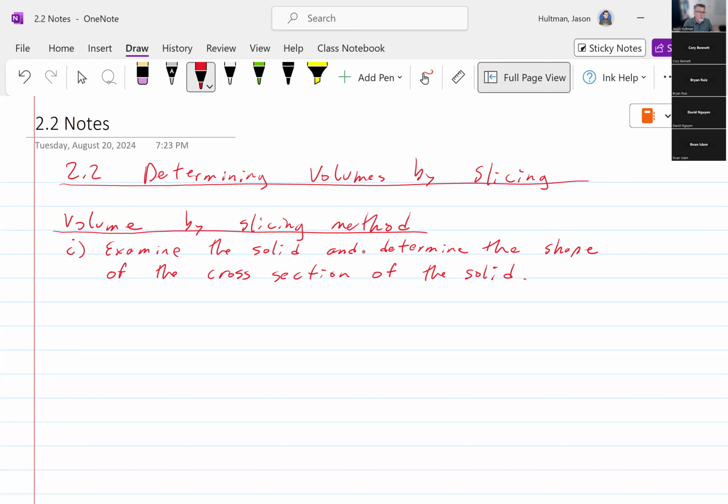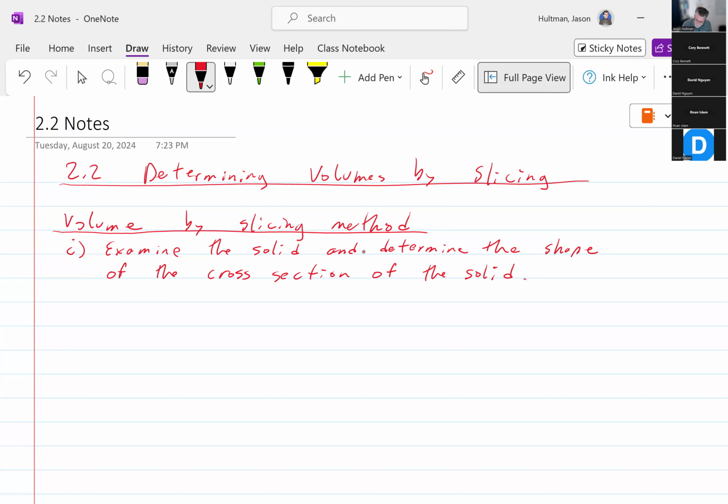It would either be a triangle or it could be a square, like the pyramids in Giza. They're square base, so if you took cross sections, wouldn't you just get smaller and smaller squares? Does that make sense? So it all depends on the shape of the volume that we're looking at.